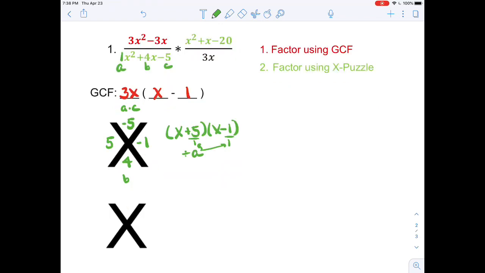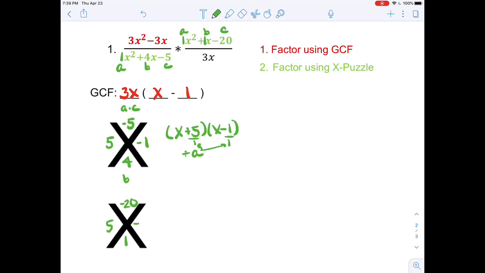Now let's look at our second rational expression and the numerator of it. So again, I have a polynomial with 3 terms. So I'm going to look at using an X puzzle. And I will again identify my a value, my b value, and my c value. So a times c, negative 20, my b value of 1.